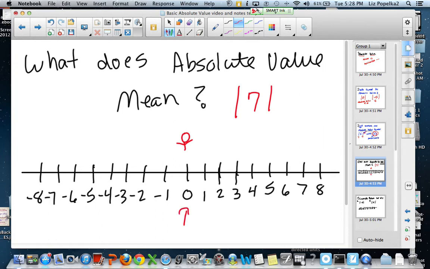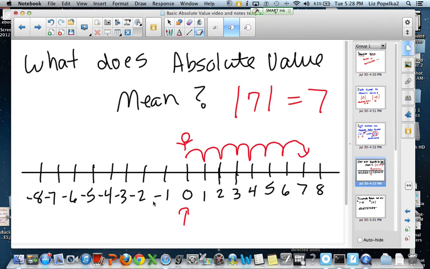How many steps would he have to take on the number line, assuming that a step is a whole number, to get over to a positive 7? Of course, he would have to hop 1, 2, 3, 4, 5, 6, and 7 places. So the absolute value of positive 7 is simply 7 because it takes him 7 steps to get from 0 over to 7 on the number line.